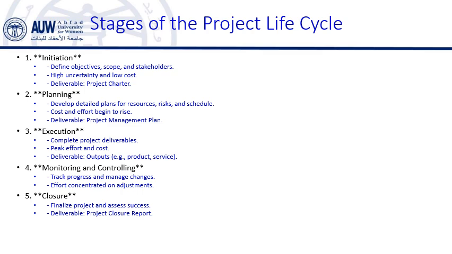The first stage is initiation. The objective of this stage is that the project is formally authorized and its goals, scope, and key stakeholders are defined. The project's feasibility is assessed and its alignment with organization goals is confirmed.